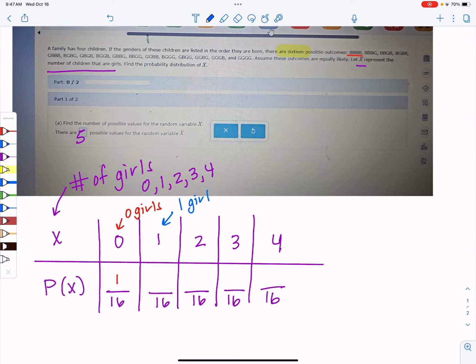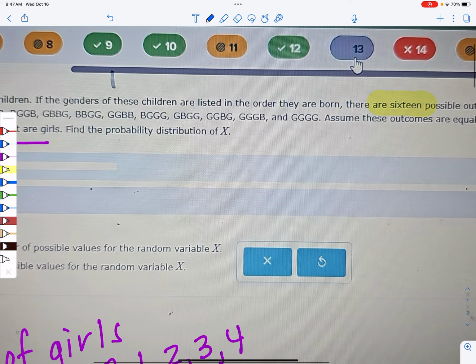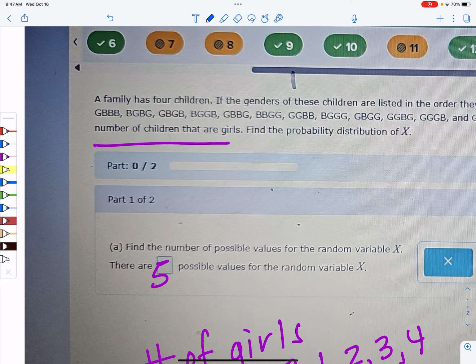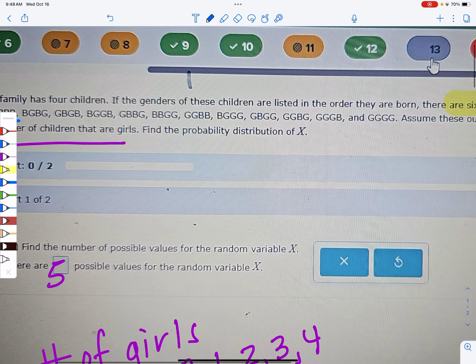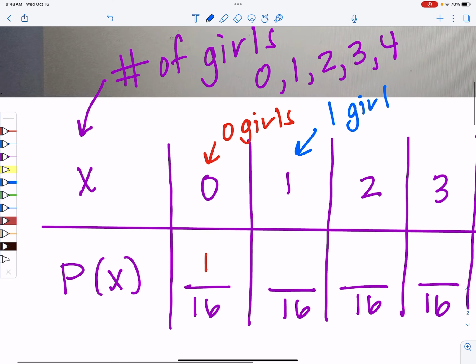So now we want to look at the ones that have 1 girl, right? That happens here, here, here. So there's 3 outcomes with 1 girl. Here, there's 4, and then everything else looks like it has more than 1. So that means we're looking at 4 outcomes out of the 16 total.